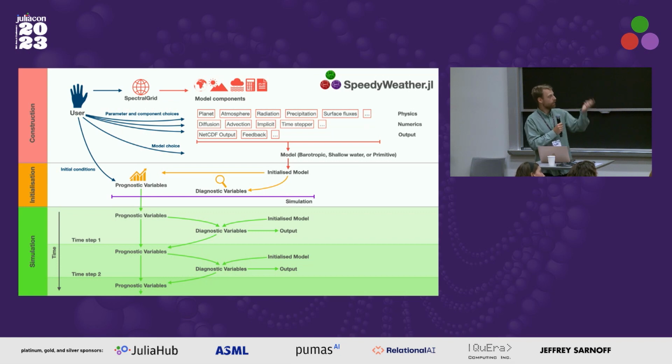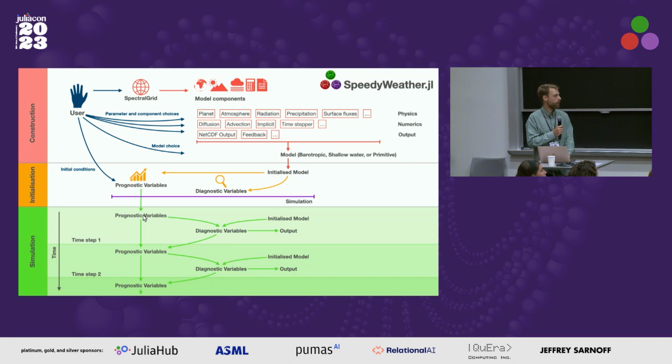And then you put them all into a model object, right? I've shown you the primitive wet equation, but you can also do this with the shallow water equations or the barotropic equations. And you then have this model object, which you can initialize. Doing this initialization step creates the simulation object, which is split into the prognostic and the diagnostic variables. And what we really try to do is that the information always resides in the prognostic variables.